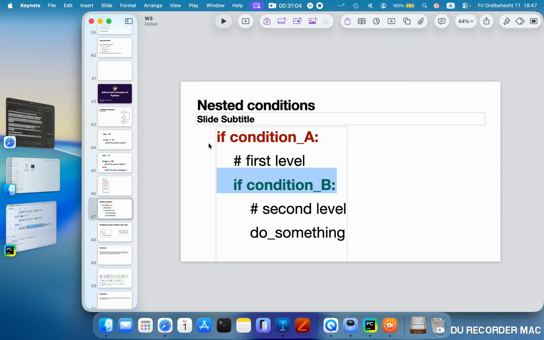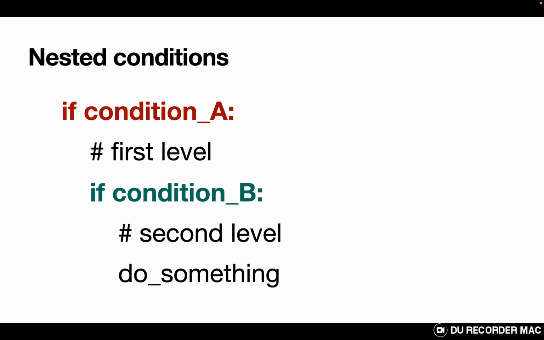Nesting allows us to check a second condition only if the first one is true. So if the first condition is true, we go and check the second condition, letting us build multi-stage and more precise decision logic.